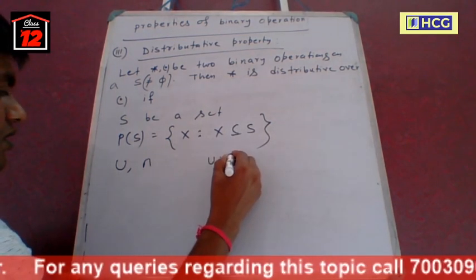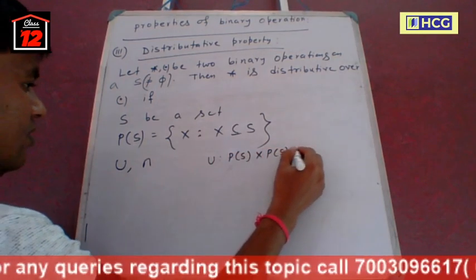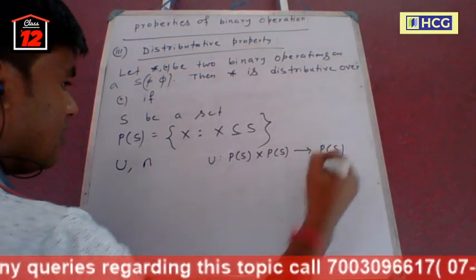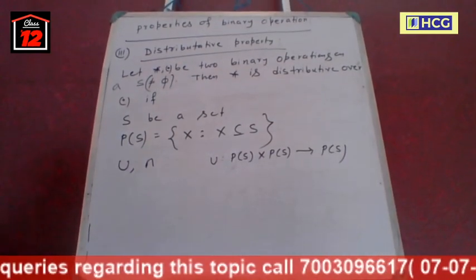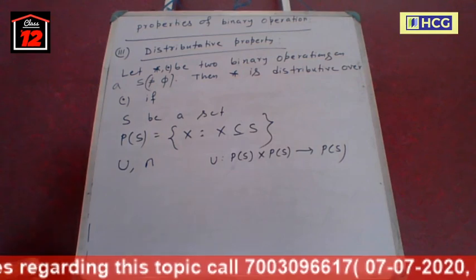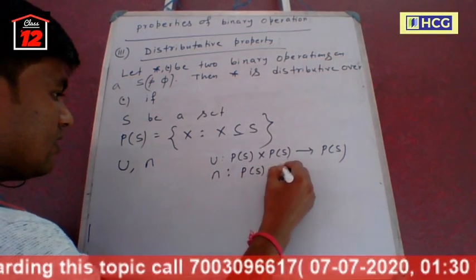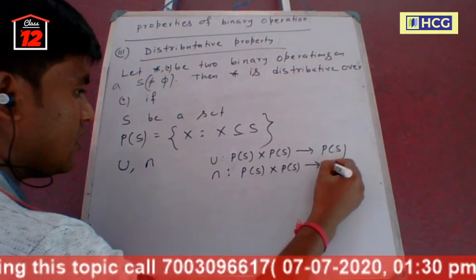Union is a mapping P(S) cross P(S) to P(S). The union of two sets is a mapping, so the union is a binary operation. Also intersection is also a binary operation.